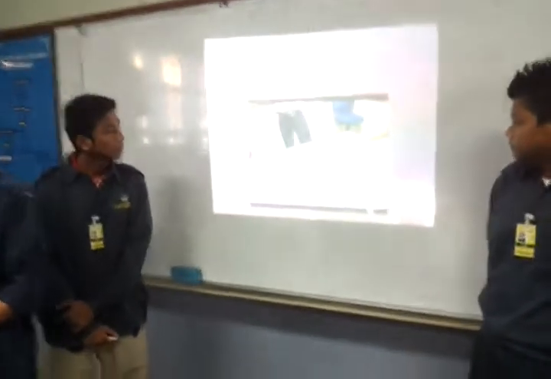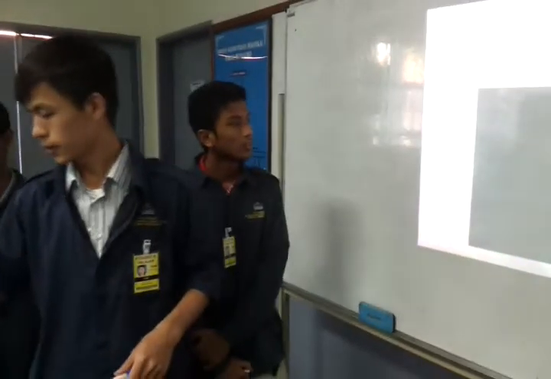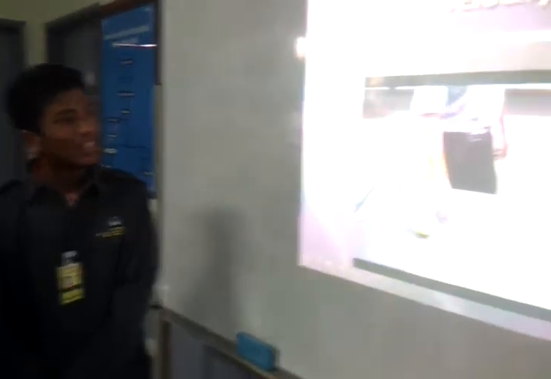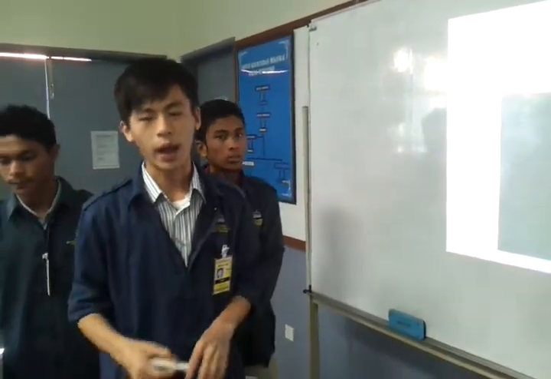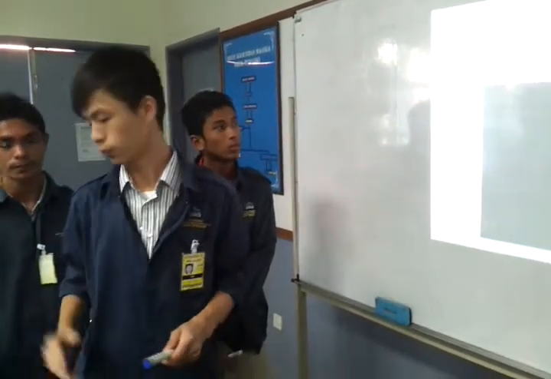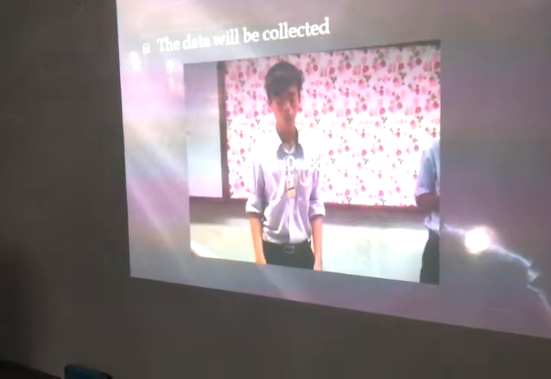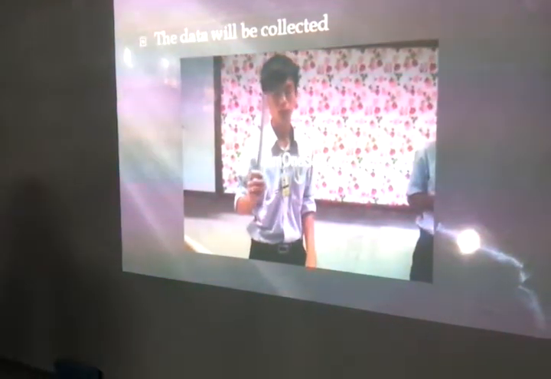So this is the experiment that we carry out. We start from point A to point B, and the displacement for it will be taken down, and the time taken will be taken down also. So how are we going to measure the displacement?